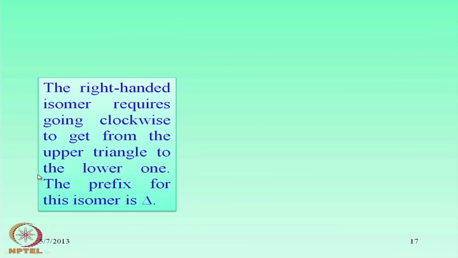So, the right handed isomer also requires going clockwise to get from the upper triangle to the lower one.